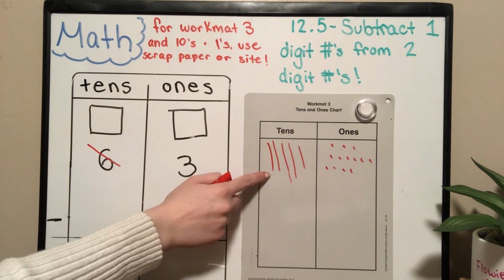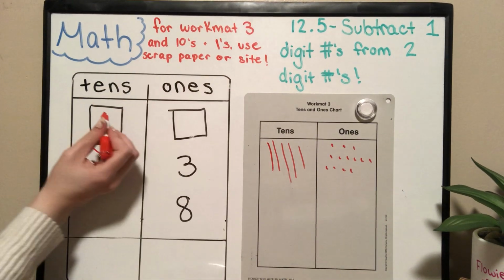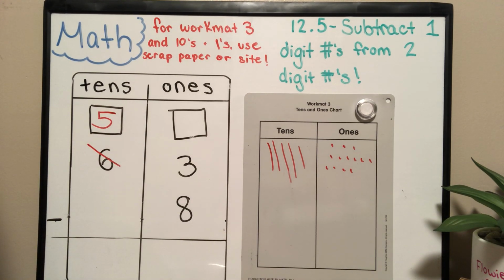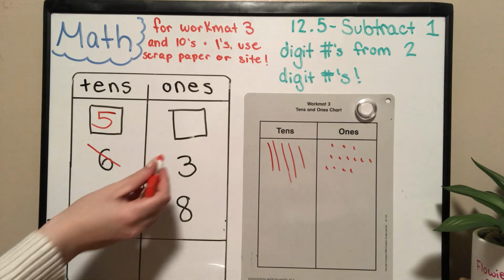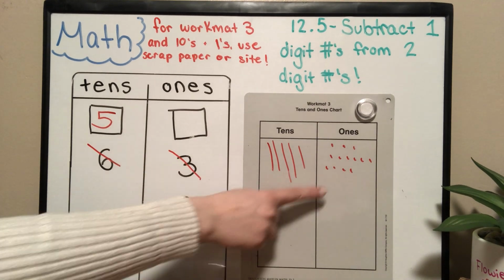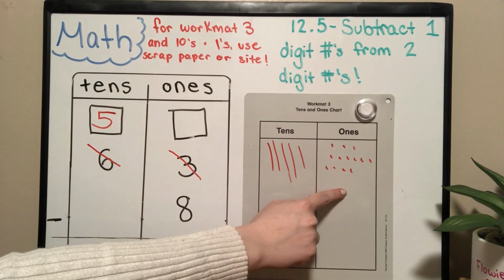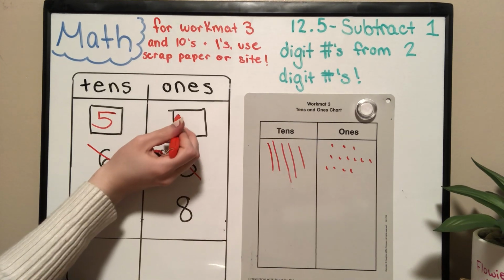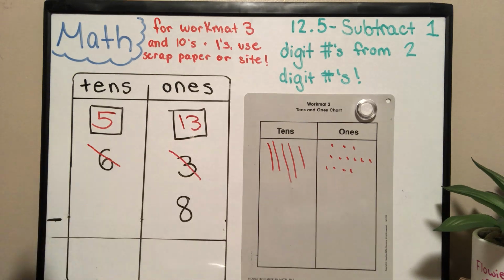I have 1, 2, 3, 4, 5. I have 5 tens now, okay? And I'm also going to cross out the 3 because I don't have just 3 ones anymore. I have 3 plus 10. I have 13. Can I take away 8 from the number 13?